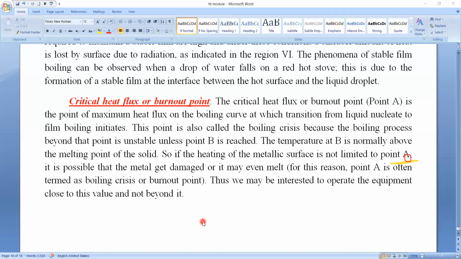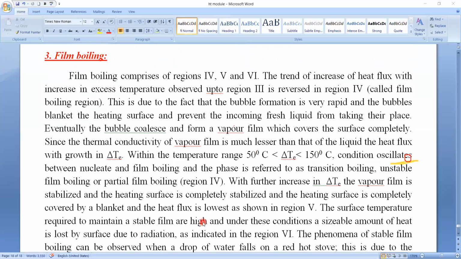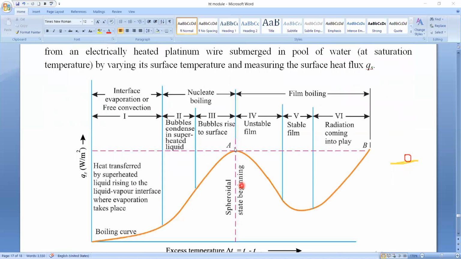Now, what do you mean by critical heat flux or burnout point? Point A is called the burnout point or the critical heat flux point.